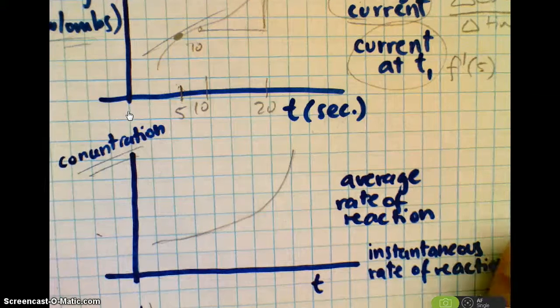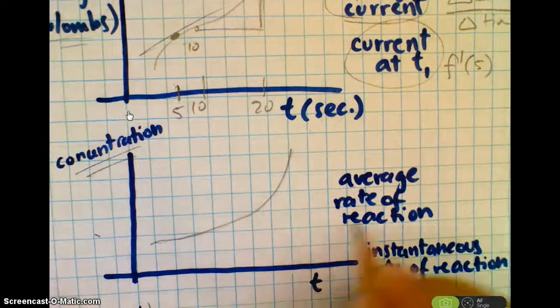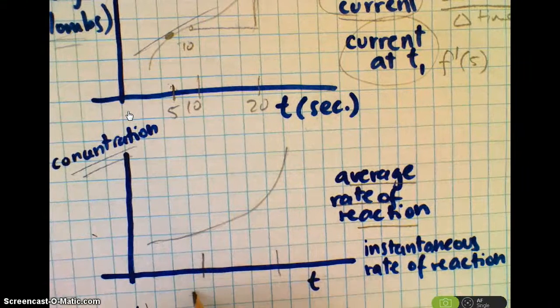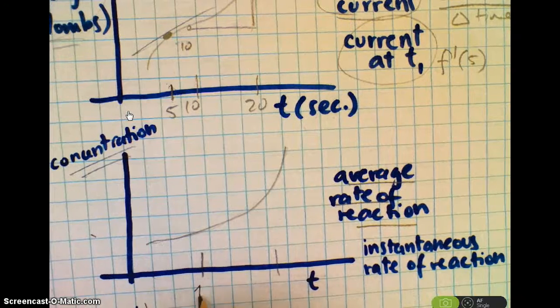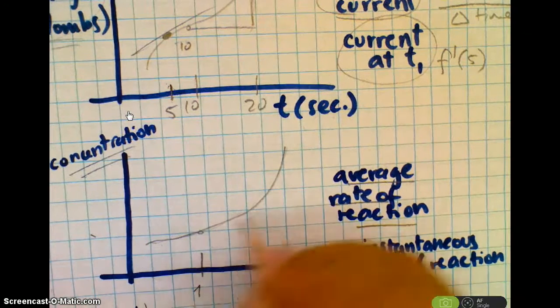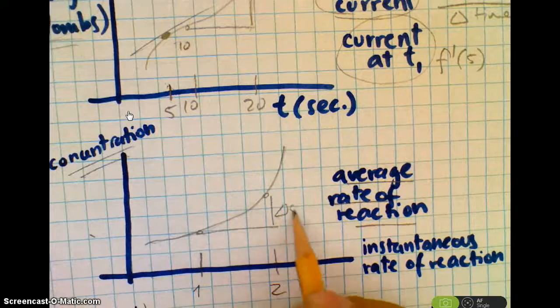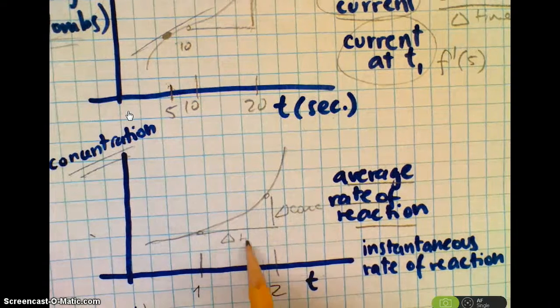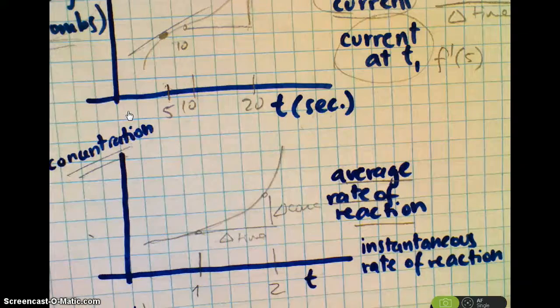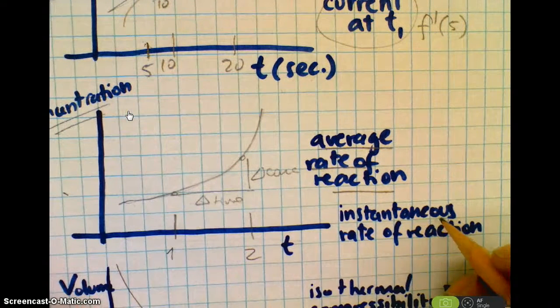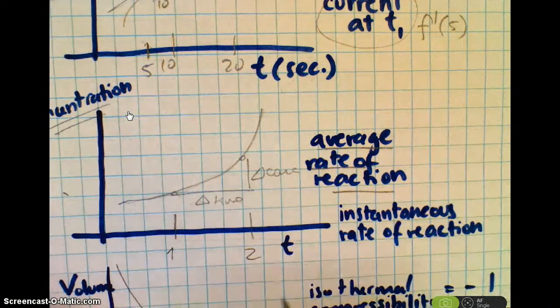So over time, there is more product that appears, right, as those molecules are combining and in motion and whatever it is that molecules do. If I want to know the average rate of reaction, then I'm going to need 2 periods of time. I want to know what happened between the first and the second second. So again, it is the difference of the concentration divided by the difference of time, and that will be the average rate of reaction. But I may be more interested in the instantaneous rate of the reaction, because apparently these things happen very fast.